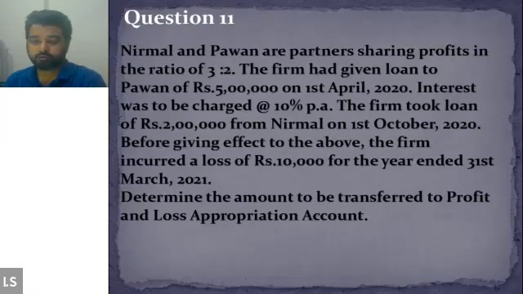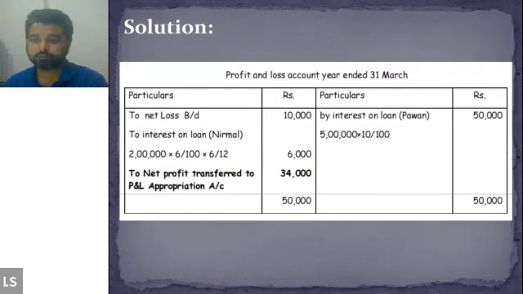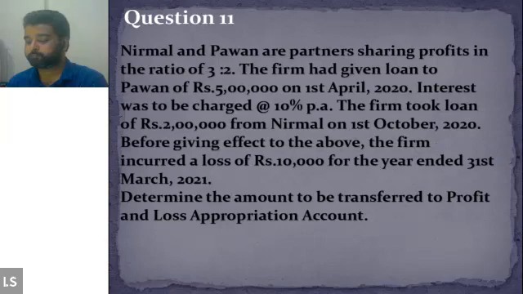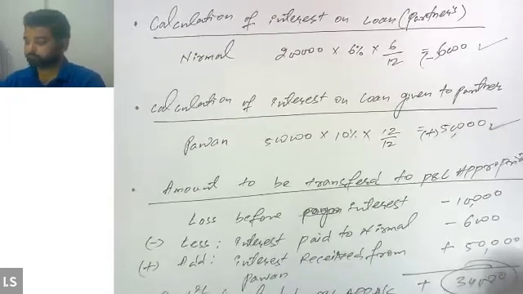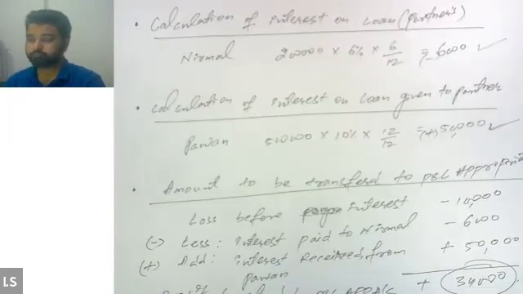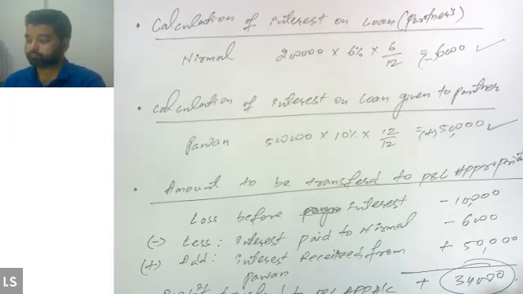Now we will move to the next topic. Excuse me, sir. Yes, please. Can you show the solution of question number 11? Yeah, the answer is this one. Sir, isn't there a distribution of profits?